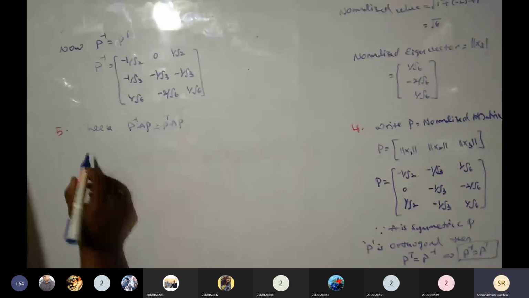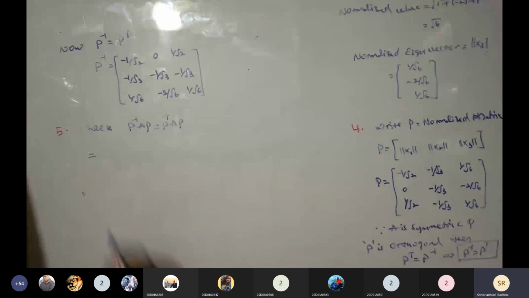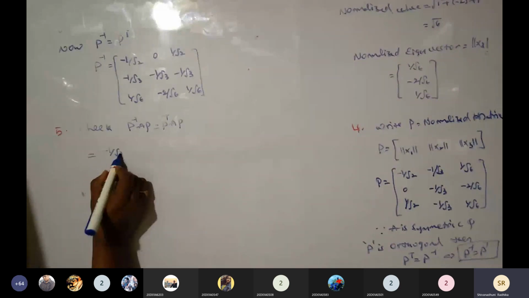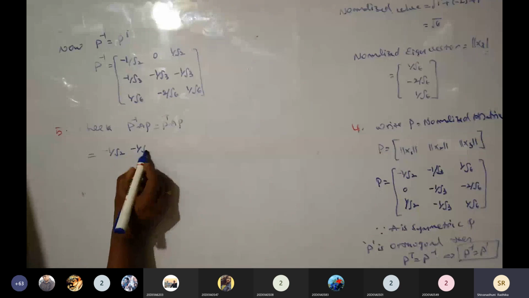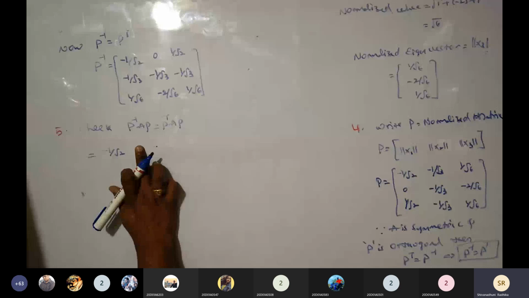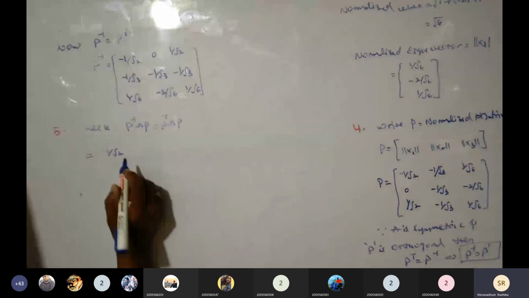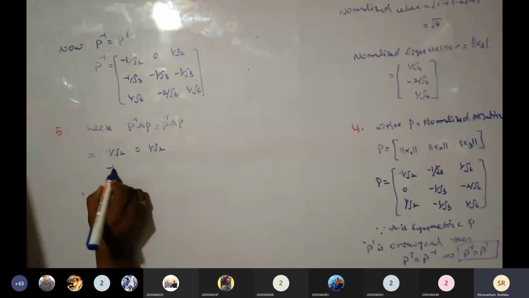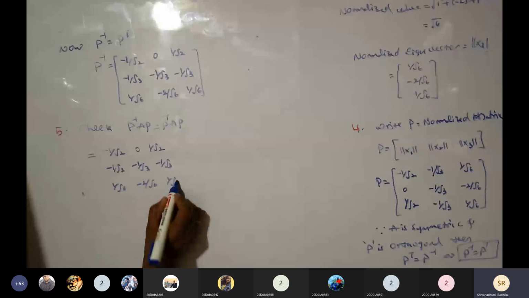Now we are going to substitute P transpose: minus 1 by root 2, 0, 1 by root 2, minus 1 by root 3, minus 1 by root 3, minus 1 by root 3, 1 by root 6, minus 2 by root 6, 1 by root 6.